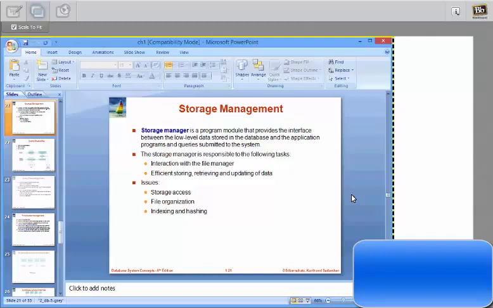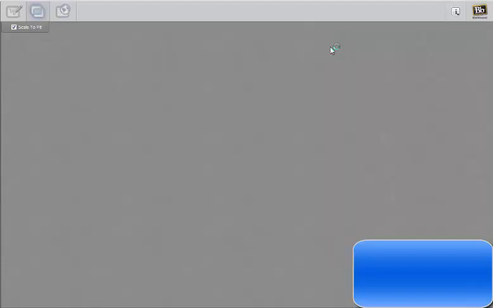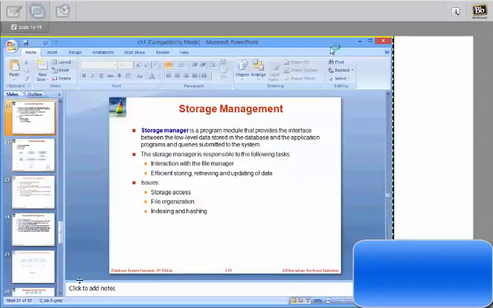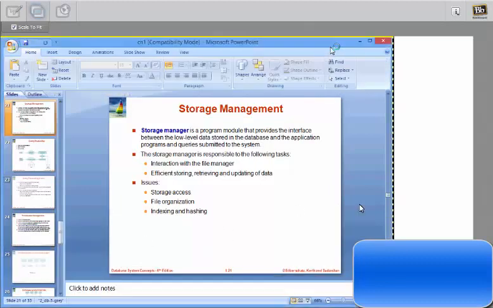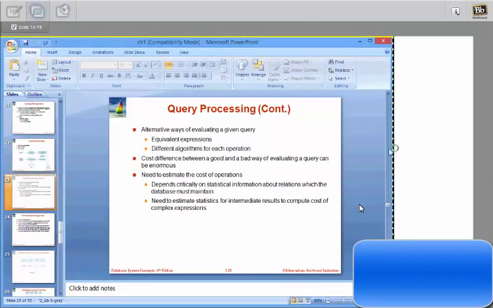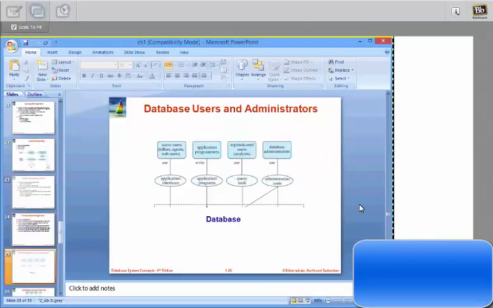So you should be able to write down the role of a database administrator, or the responsibility of the transaction manager, or storage manager, and database users and administrators.